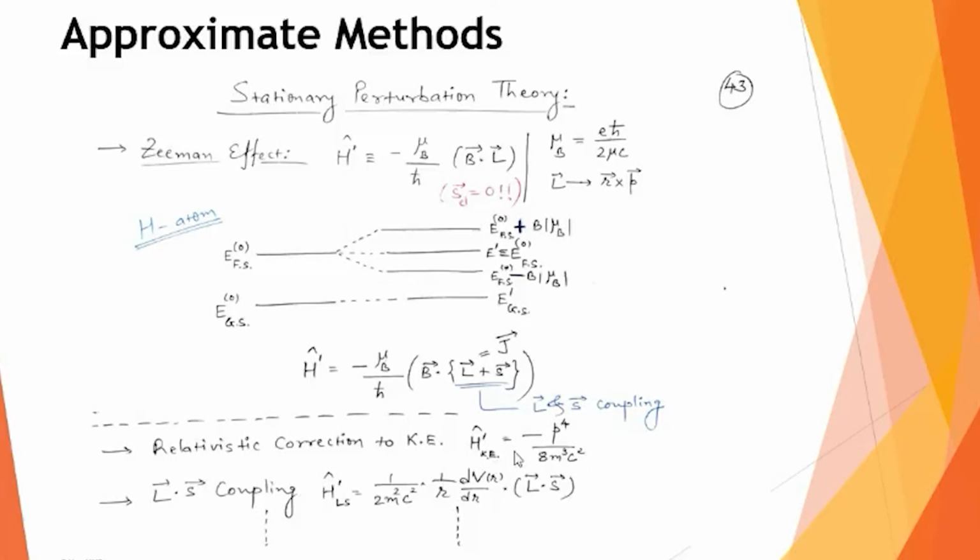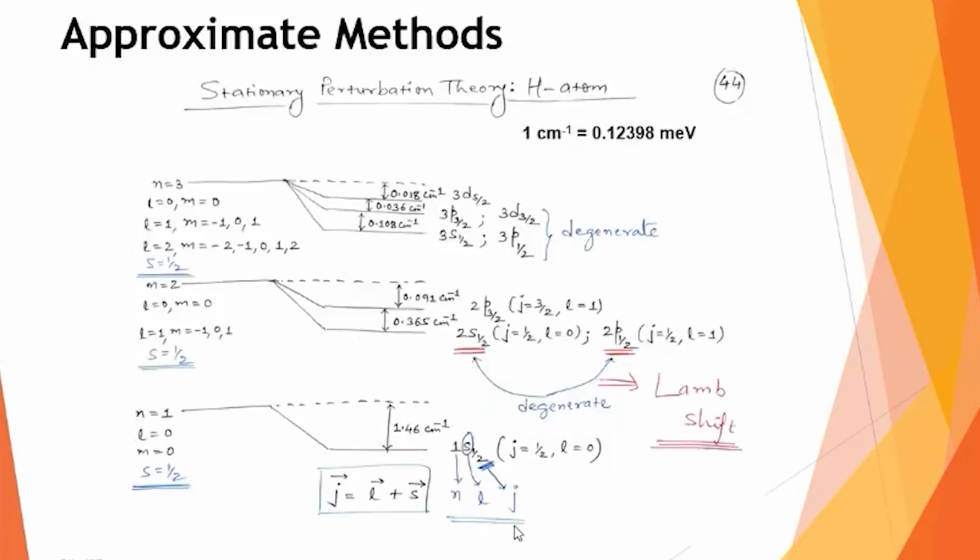With the first perturbation, if I include the LS coupling, the orbital angular motion and the spin of the electron getting coupled, and use all these perturbations, what I interestingly find is that compared to my original unperturbed energy levels, the different energy levels are not only shifted, not only lowered, but also split. In the ground state, there is no splitting possible because it is a non-degenerate case. But for the first excited state, you can see it is now split into two components.